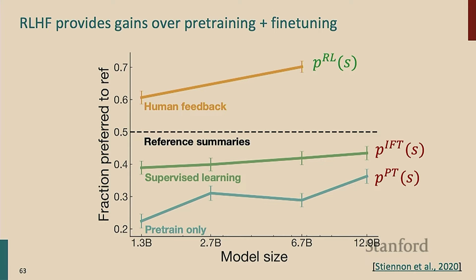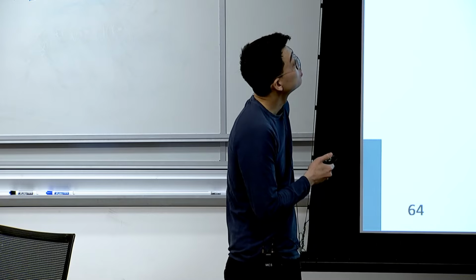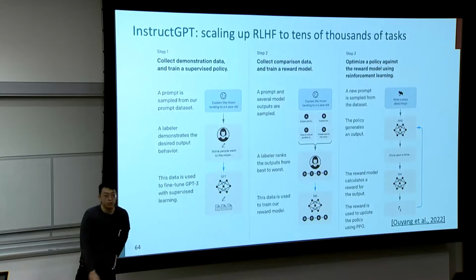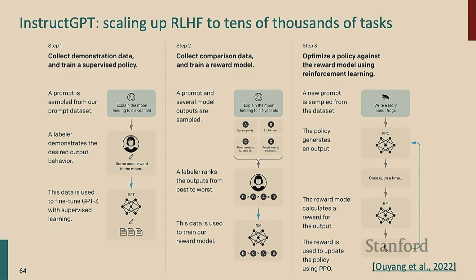Any questions? Okay. Now we're getting closer and closer to something like InstructGPT or ChatGPT. The basic idea of InstructGPT is that we are scaling up RLHF to not just one prompt, as I described previously, but tens of thousands of prompts.